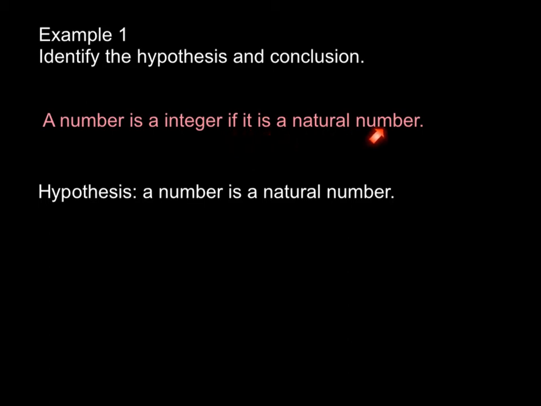So if it is a natural number is your hypothesis. So a number is a natural number is your hypothesis. Your conclusion is that the number is an integer. Even though the word then isn't there, since the if was the second part, the conclusion, which is your then, is the first part. So always find where the word if is. So the conclusion: the number is an integer.